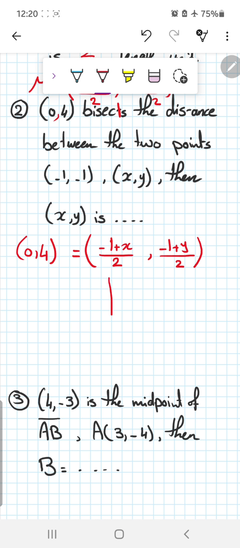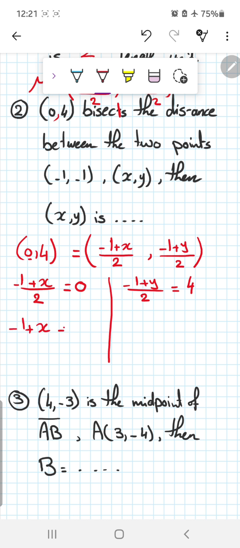Divide the page, take the first projection equals the first projection, so (-1 plus x) divided by 2 equals 0, and the second projection here, 4 equals (-1 plus y) divided by 2. Okay, it's an equation, cross multiplication, so -1 plus x equals 0 times 2, which is 0.